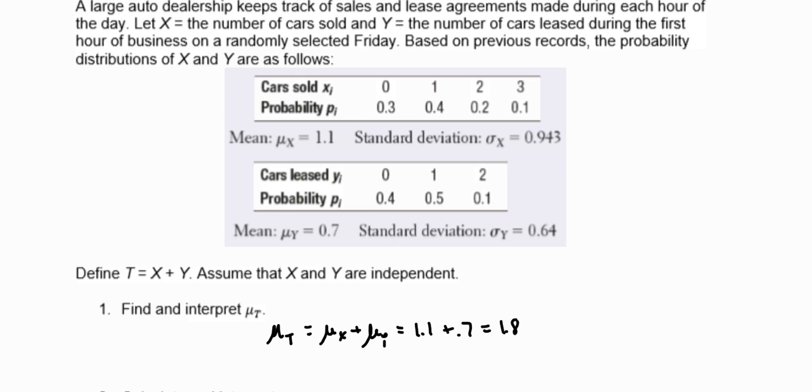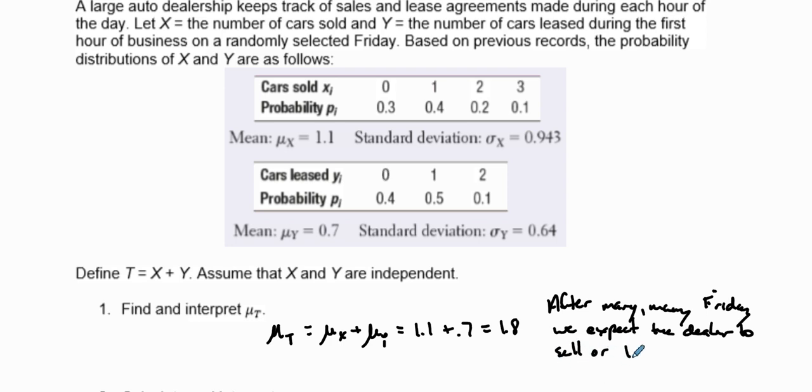Remember, this mean is known as an expected value.